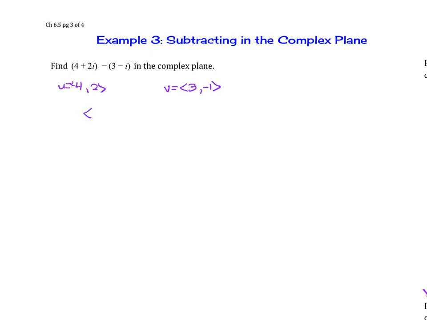Now remember, when we are subtracting vectors, we want to distribute the negative. So this is going to be (-3, 1). If we needed to draw it, then you add the horizontal components and the vertical components. So therefore this is (1, 3), or 1 plus 3i.